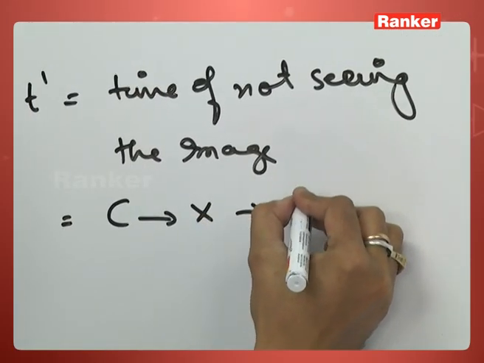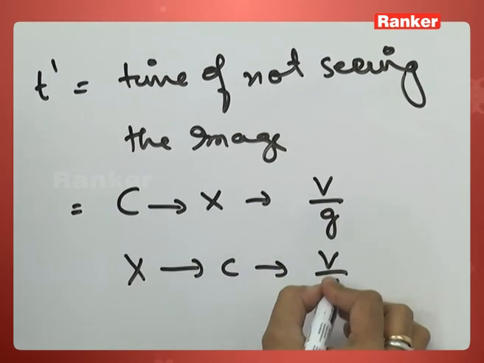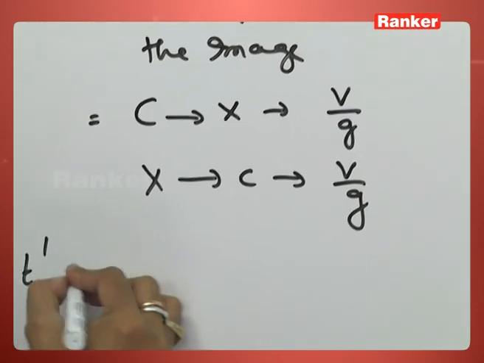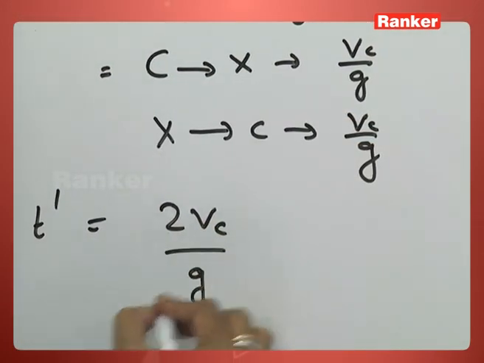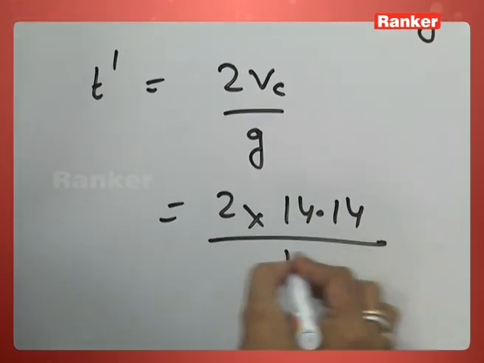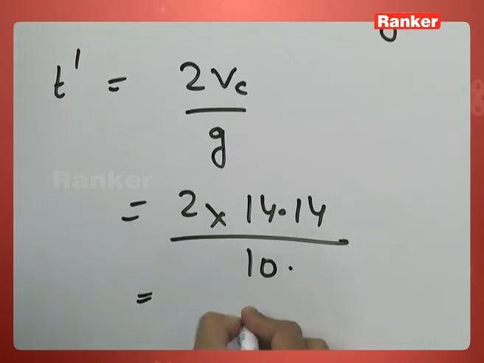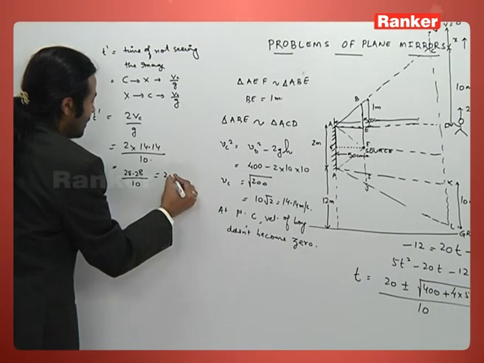So the time of going from C to X is V by g, and again X to C, again V by g. So the total time, let it be T dash, is nothing but 2 Vc by g, that is 2 into 14.14 divided by 10. So this becomes 2.8 something, 2.82.